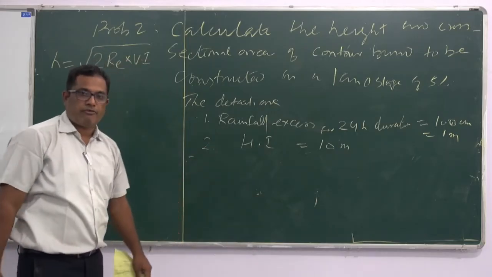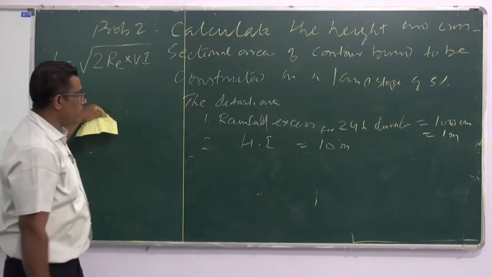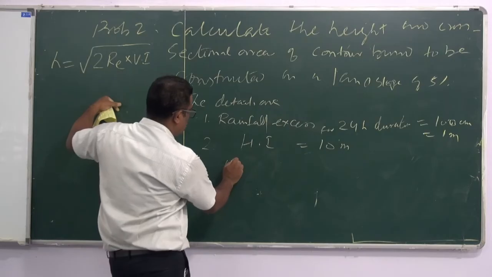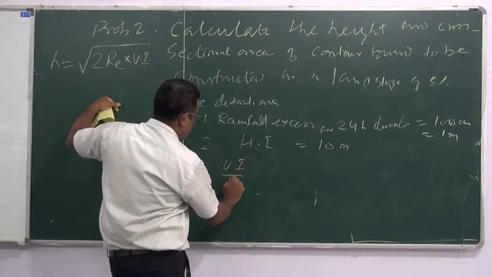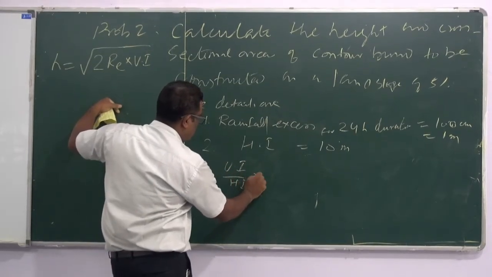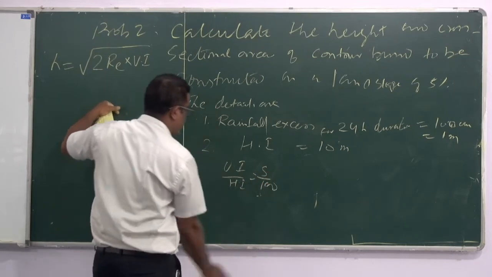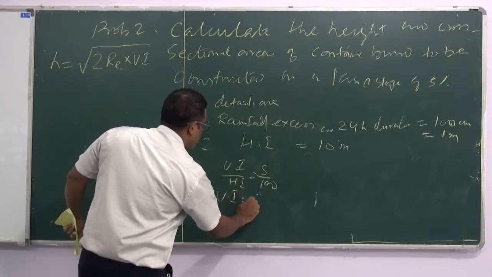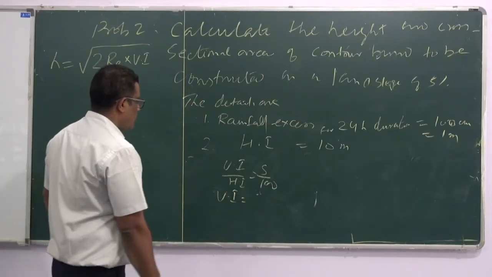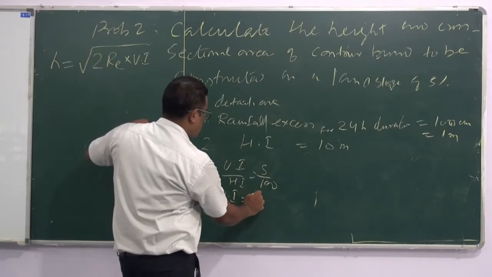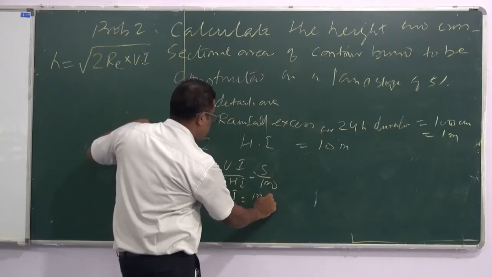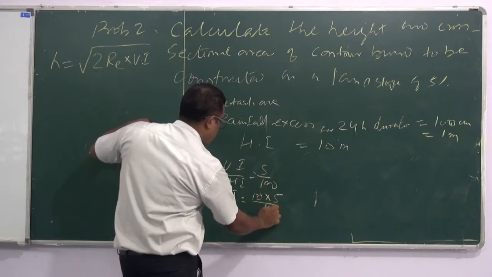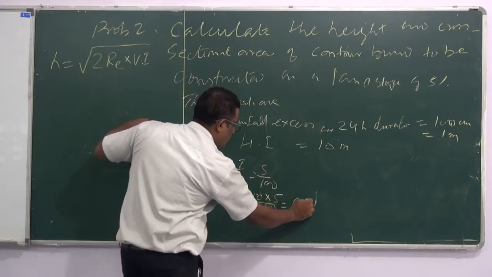If we know HI, we can find out the VI as well. And slope, we know that HI equal to S by 100, the basic equation. So we have to find the VI. So VI will be, HI, that is 10 into slope is 5 divided by 100, that is 0.5.